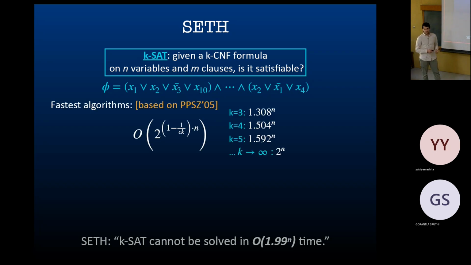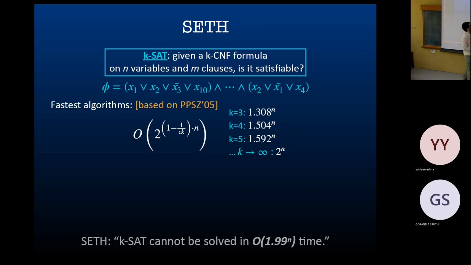So what's the complexity of this problem? 2 to the n is the trivial thing: you could try all possible assignments. For small k, like 3-SAT, you can actually do better. There are algorithms that do random walks, or some other clever things, and break the 2 to the n bound.